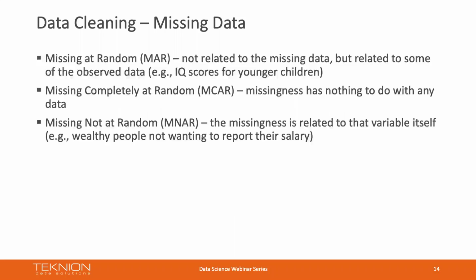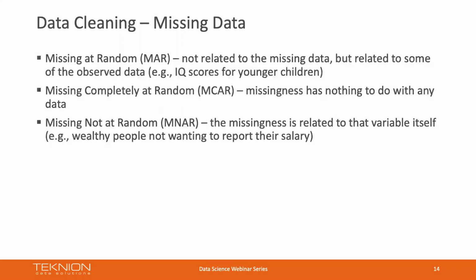Now the missing not at random, this is the one where we're going to have trouble. The missingness is actually related to the variable itself. So let's suppose we're calling people on the phone, and we're asking them to report their salary. Typically wealthy people do not want to report their salary, so they're very hesitant to give it out to you, especially when you call them on the phone.